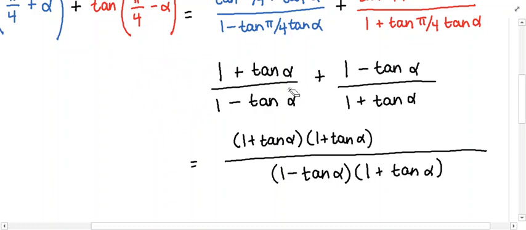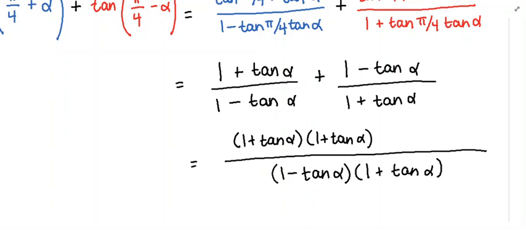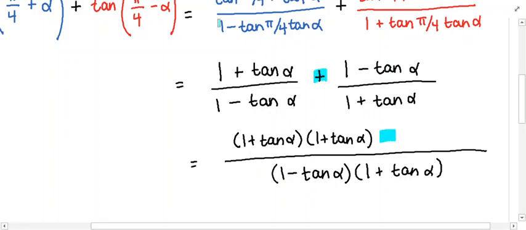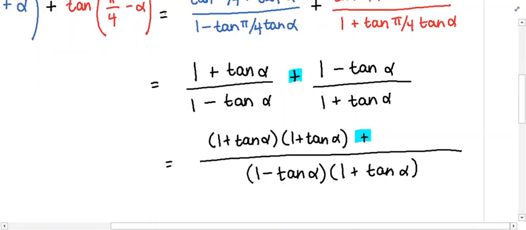Now we have to do the same thing to the other fraction. I'm going to put my plus sign in the middle, right here. Now I need to work on the second fraction. Compare the denominators. In this second fraction, we already have the 1 plus tangent of alpha in the denominator. So to make it the denominator we want, we have to multiply the bottom by 1 minus the tangent of alpha.